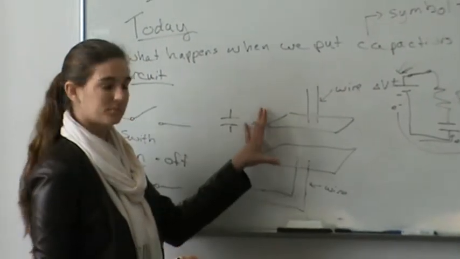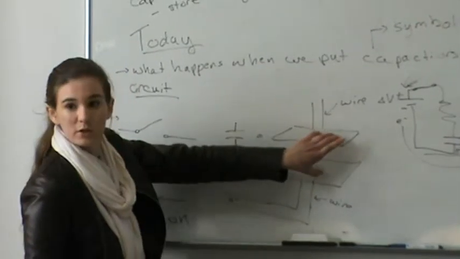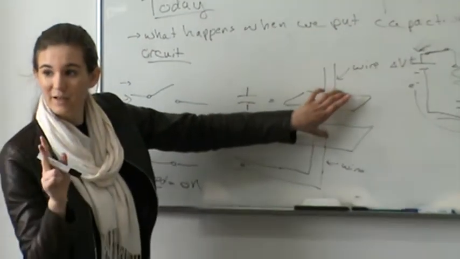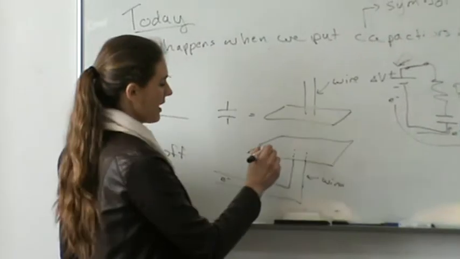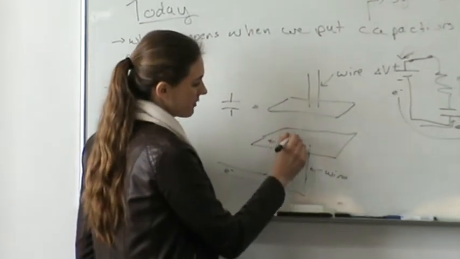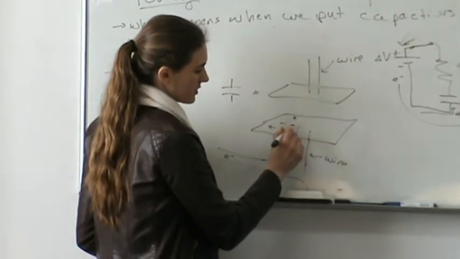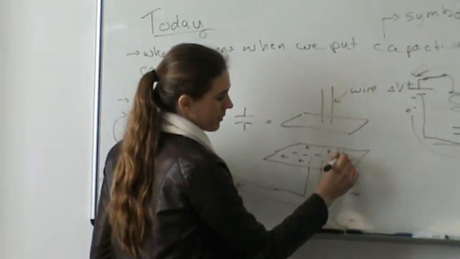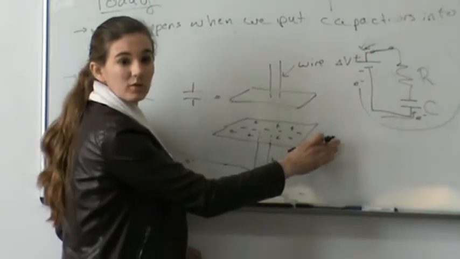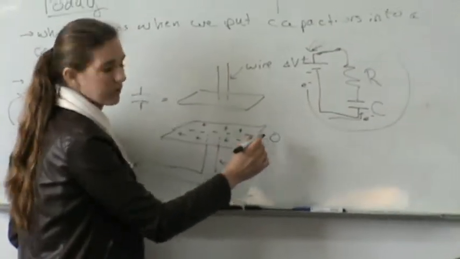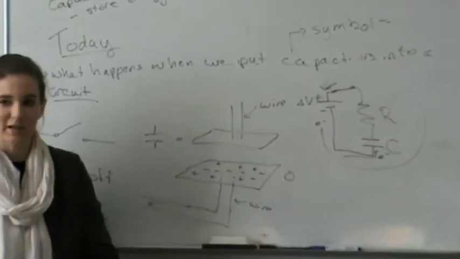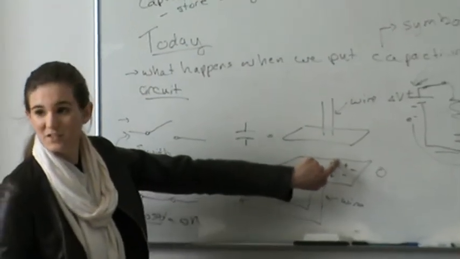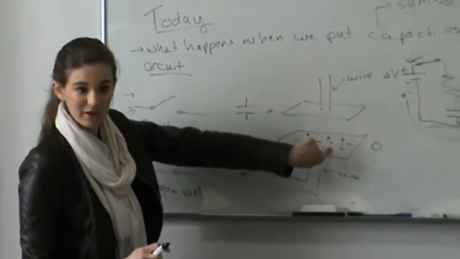So initially, on these plates, we have equal positive and negative, right? So we have positive, negative, positive, negative, positive, negative, positive, negative, positive, negative. So this overall has 0. It's not positive and it's not negative, because all the positives cancel the negatives, right?